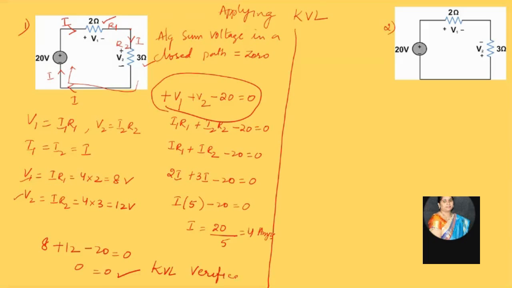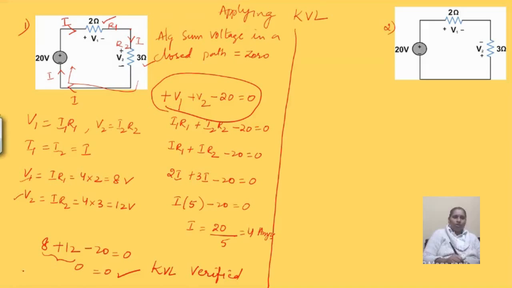That means the algebraic sum of the voltages in a closed path is equal to 0, or the algebraic sum of the voltage drops across each element is equal to the source voltage. That is, 8 plus 12 is nothing but 20. So what is the value of the source voltage? It is 20. So both these statements are verified here.